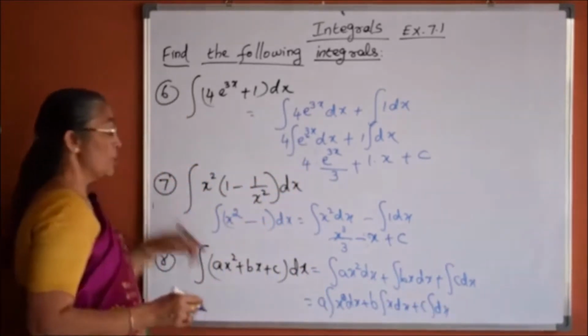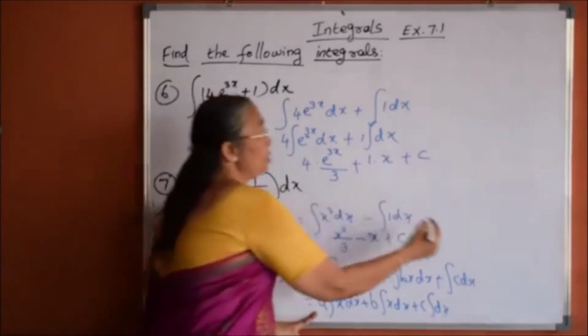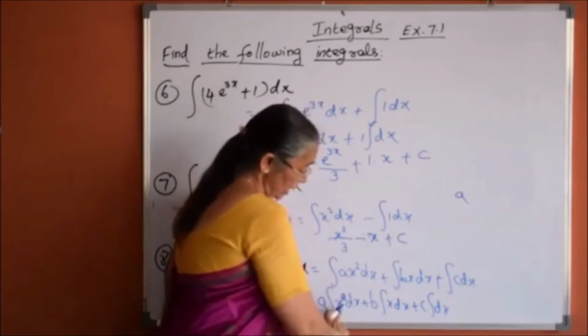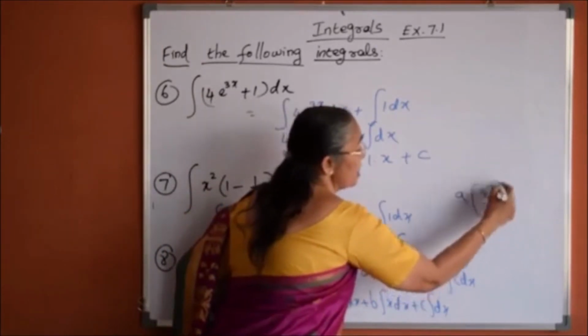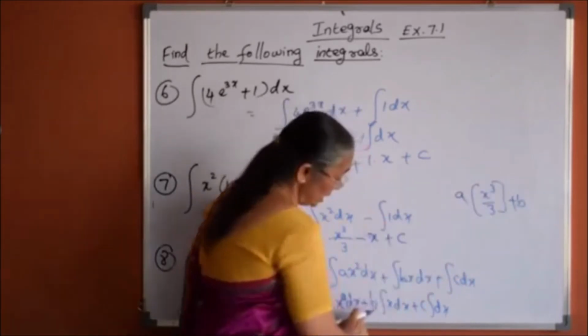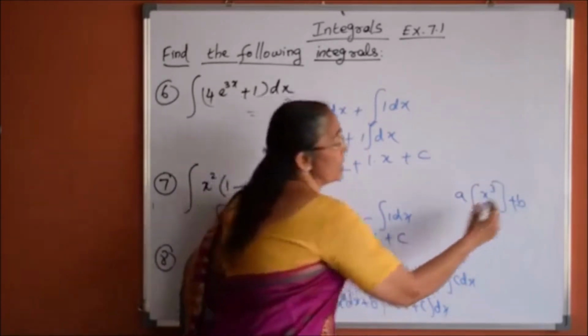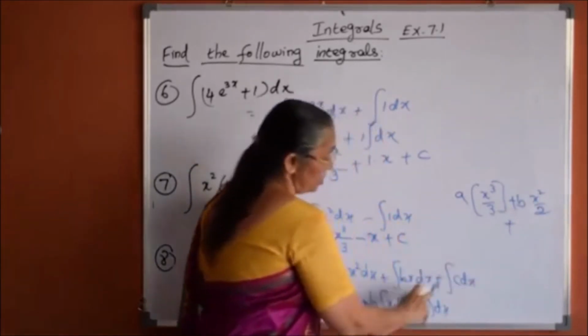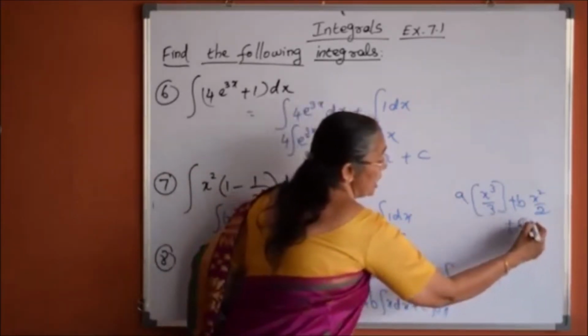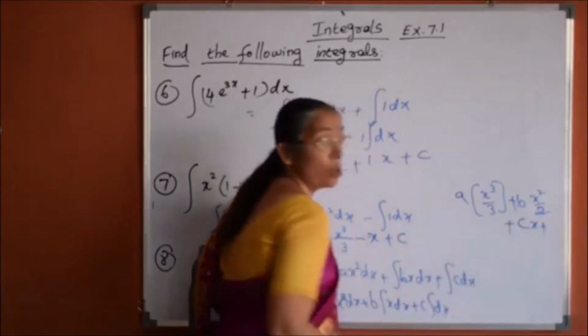So now a into integration of x square is x cube by 3, plus b into integration of x dx is x square by 2, plus c into integration of dx is x plus some constant.